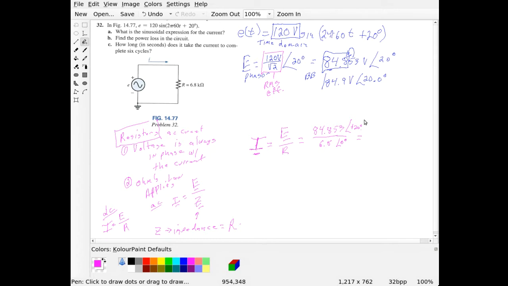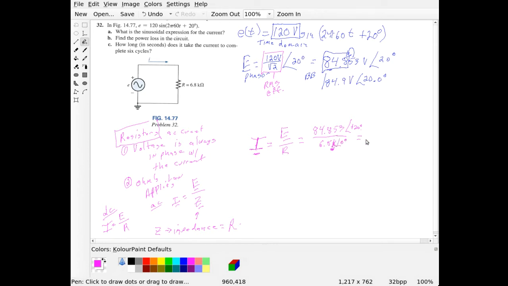And so our current I in the phasor domain, with 6.8K.